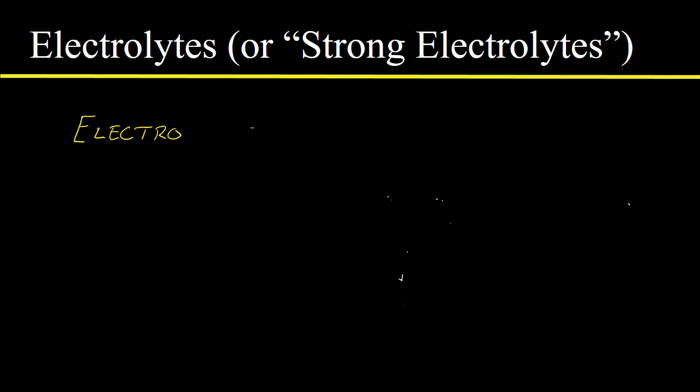So we could distinguish these if we want by calling these strong electrolytes. If you just say electrolyte, it implies a strong electrolyte. So the term electrolyte is fine, but you could also say strong electrolyte.